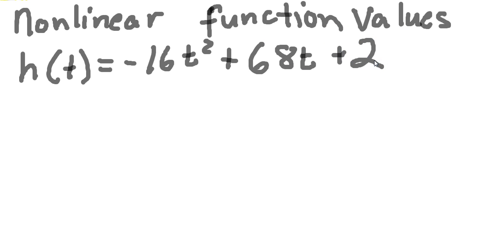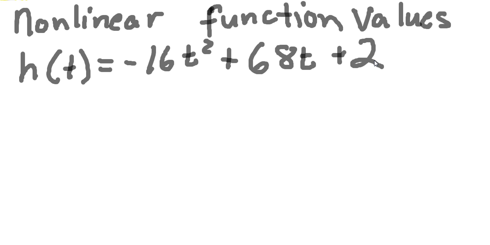And what this represents in this equation is the height, h of t, of a football in feet t seconds after it is kicked. So h of t is how high a football is after a certain amount of time in seconds.